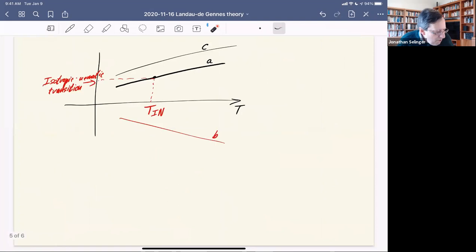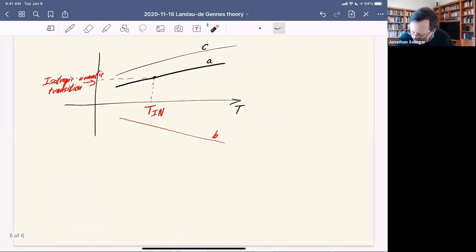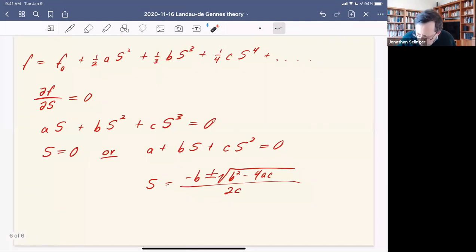Okay? So we could say then that S equals 0. This is the isotropic solution.